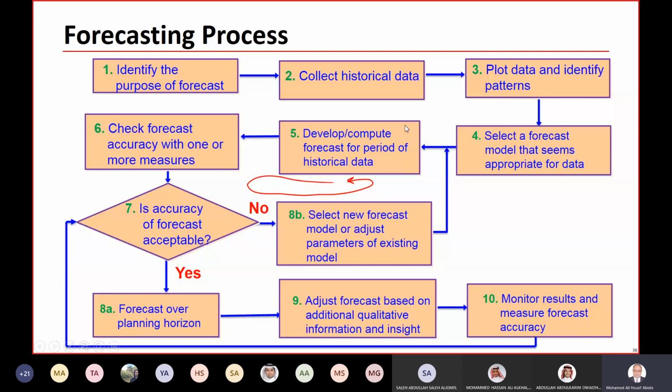So this is for the training phase, for the data that you have. And when you go to this one, you again find the forecast, and then you check the forecast error again, and then you may need to jump from this loop back to the other loop. So this loop represents training, and this loop represents testing.